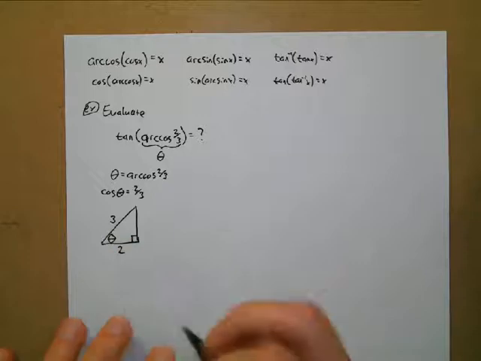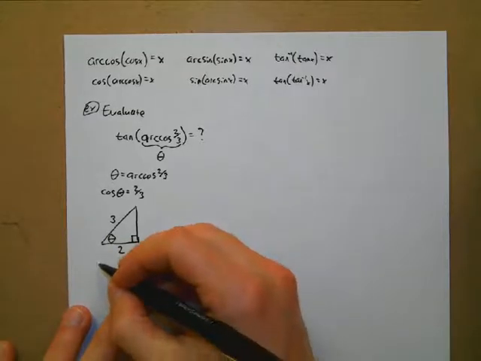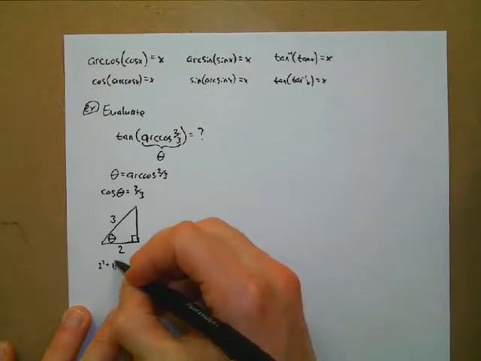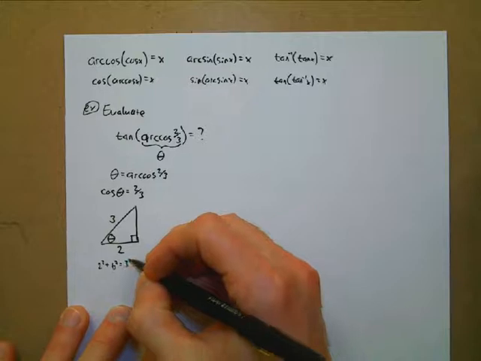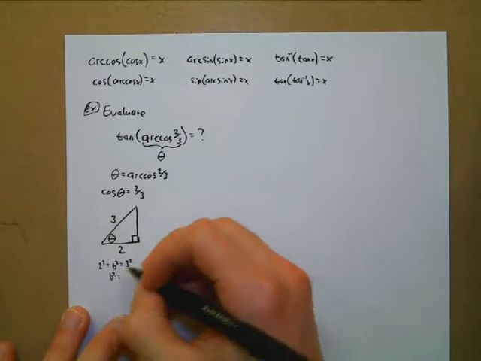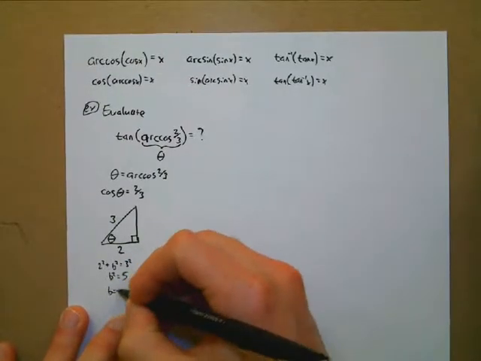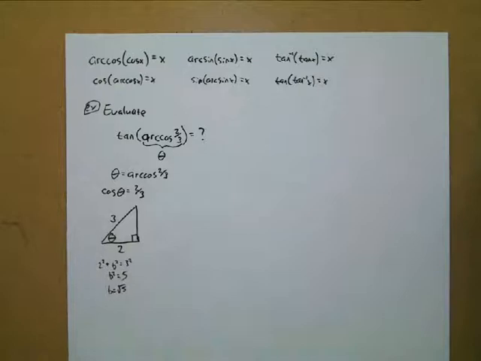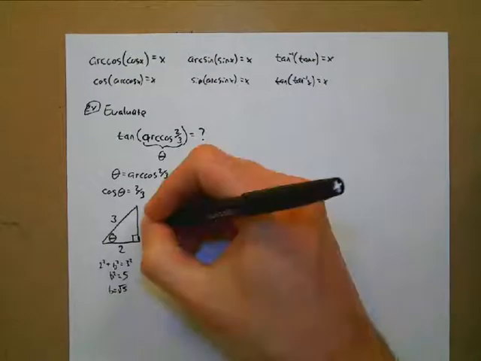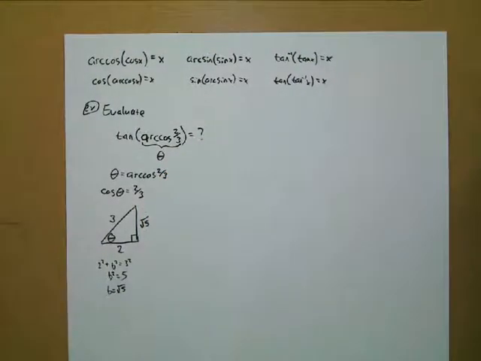Okay. So again, where did this triangle come from? The triangle came from the relationship cosine theta equals 2/3. That relationship came from the fact that theta is arc cosine of 2/3. And that came from the original problem. So when I said that arc cosine of 2/3 is the same thing as theta, I could rewrite this problem as the tangent of theta.